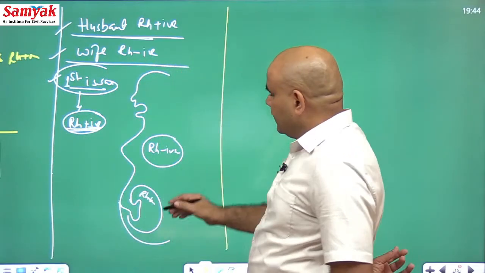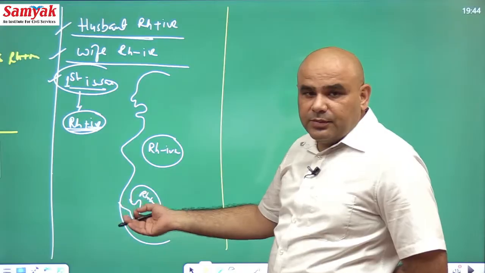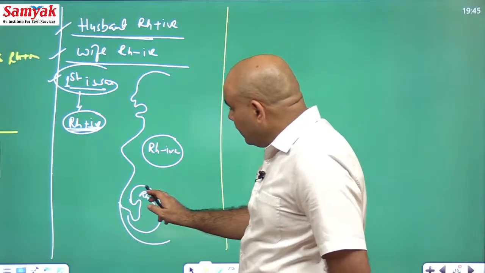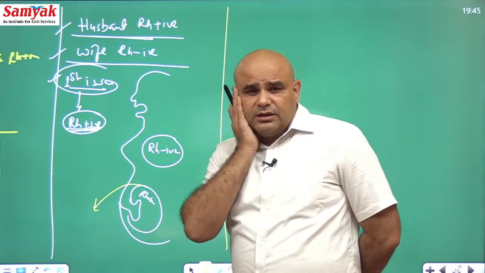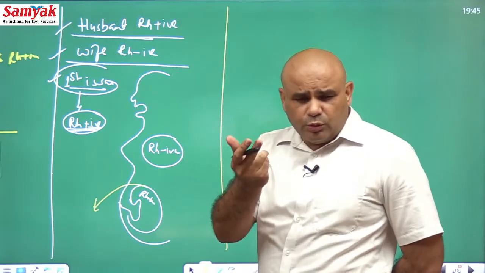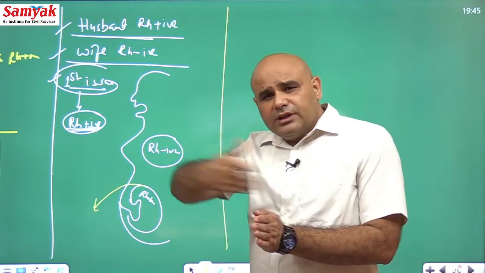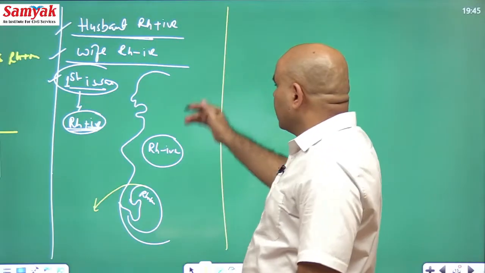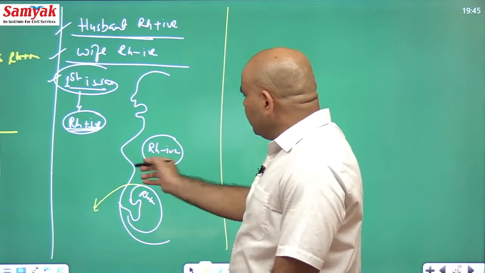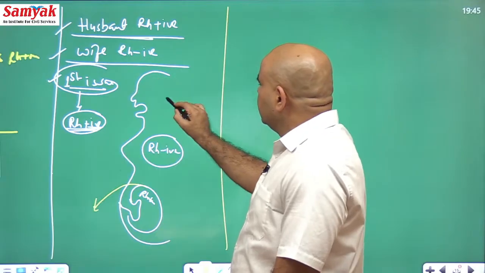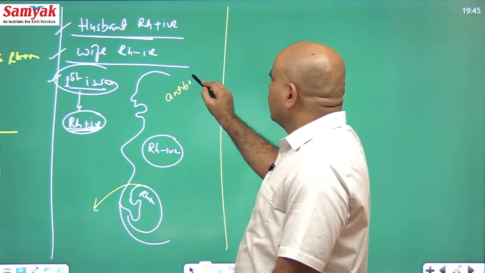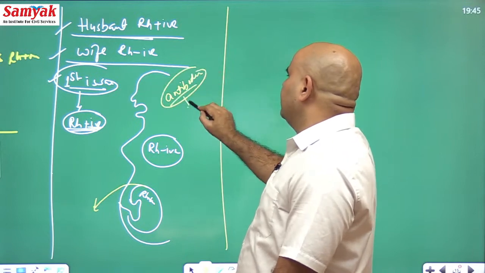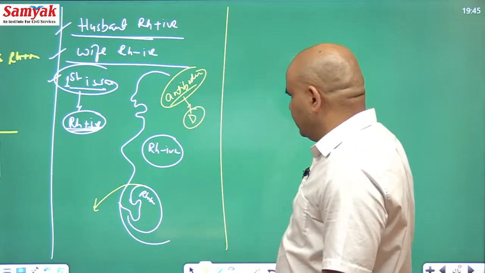Now, if the baby is RH positive, then during the labor or the birth of the baby, the baby's blood mixes with the mother's blood. Because of this reaction, the female body will produce antibodies, and remember that these antibodies are named as D antibodies.